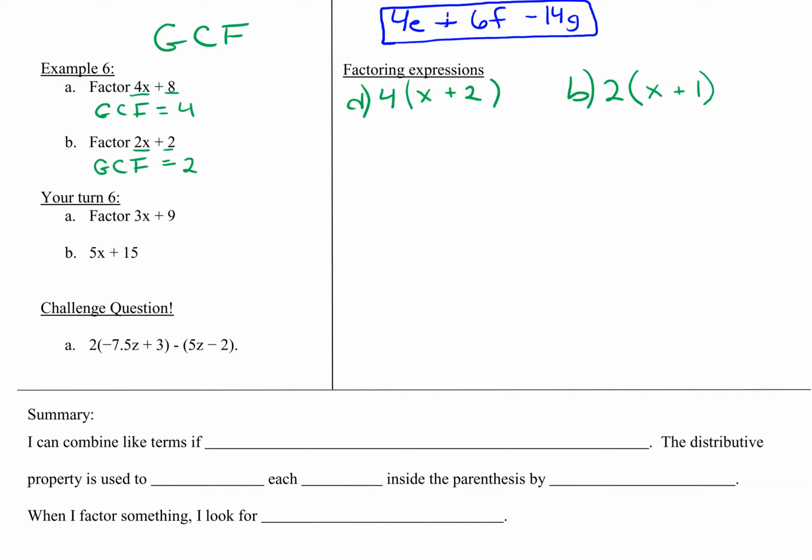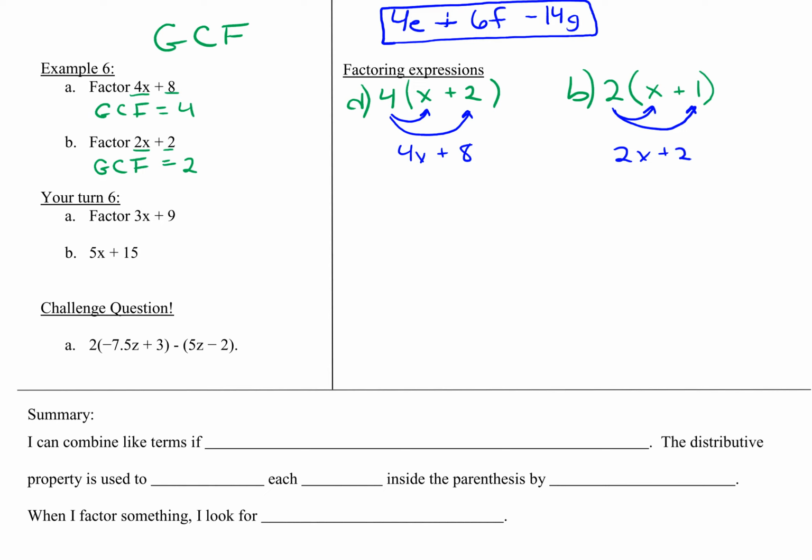Okay? And of course, you can check these by distributing through and just making sure that you factored correctly. So 4 times x is 4x, 4 times 2 is 8, so that's correct. And 2 times x is 2x, plus 2 times 1 is 2, so that's correct as well.